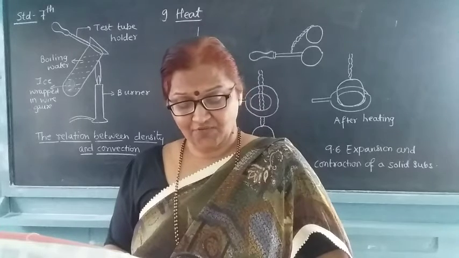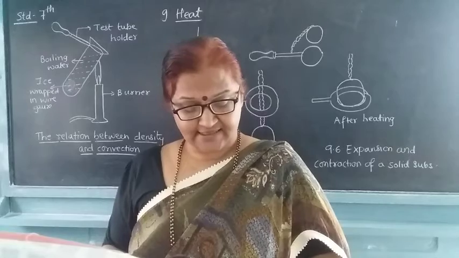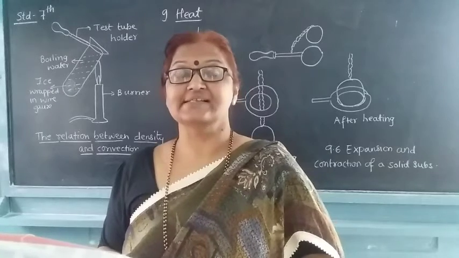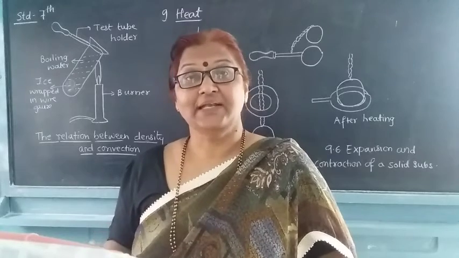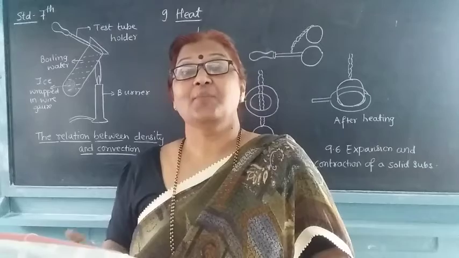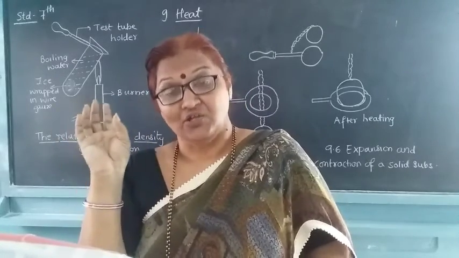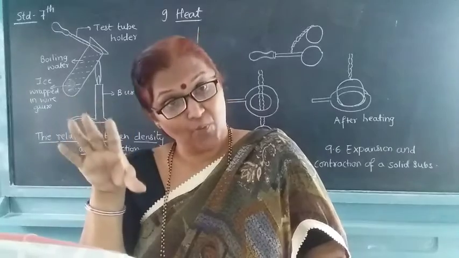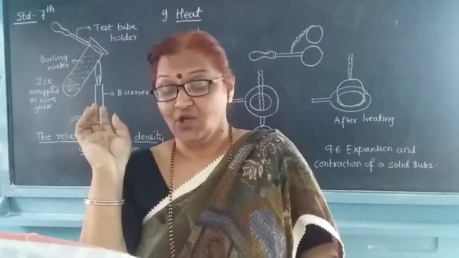The ability of a substance to absorb heat radiation depends on its color and also its intrinsic properties. So the ability of a substance to absorb heat depends upon the color of the object, and it is also dependent on its properties.